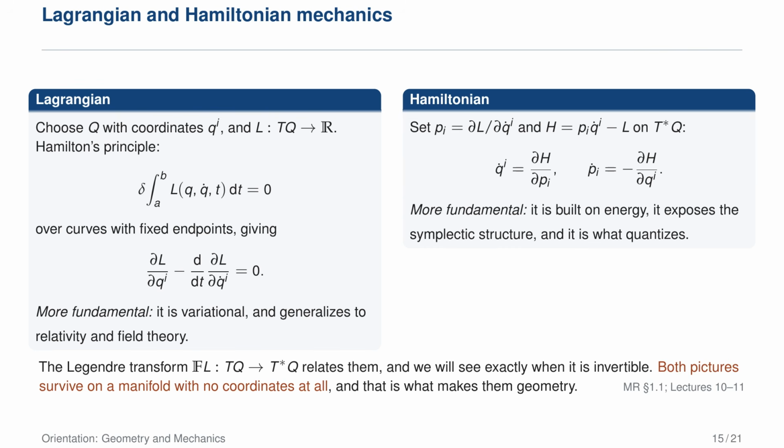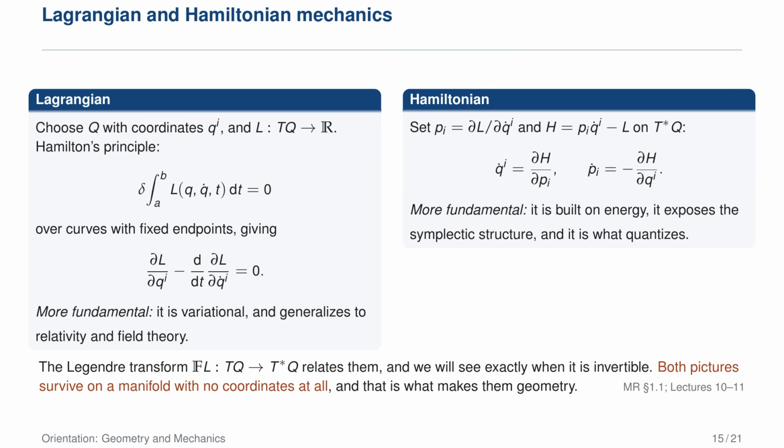In the Hamiltonian picture, you define the momentum as the derivative of L with respect to velocity. You form the energy H, and you get Hamilton's equations. This picture is more fundamental in a different sense, because it is built on energy, because it exposes the symplectic structure, and because it is what quantizes. The Legendre transform relates them, and we will see exactly when it is invertible.